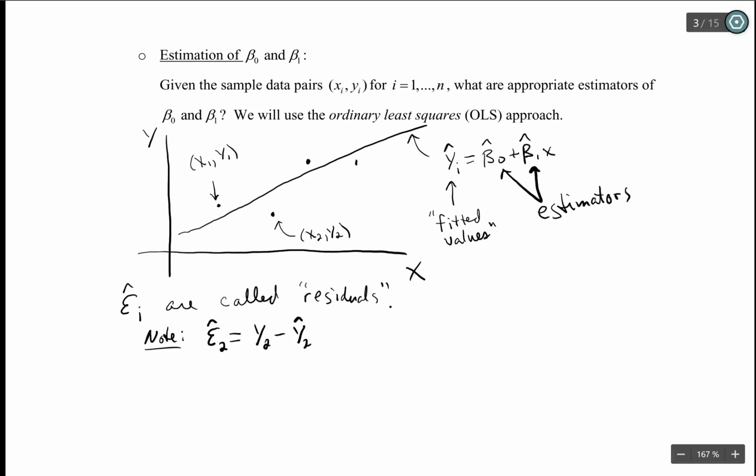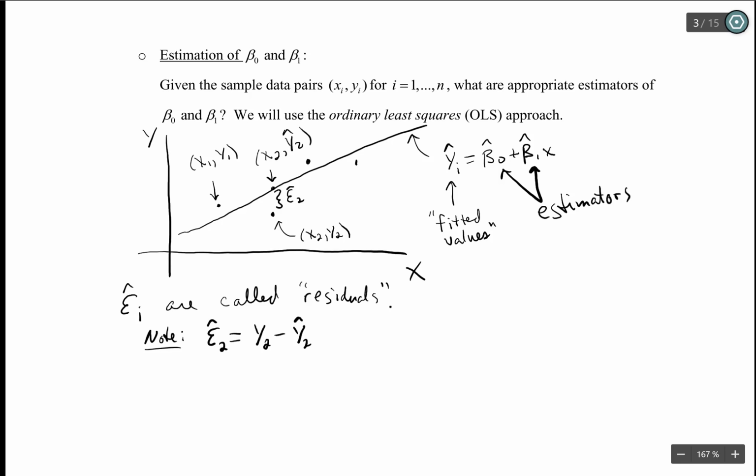In particular, this is not a point from the sample, but I can give this coordinate pair the value x2, y2 hat, and the difference, that distance there, is in some sense the residual. The residual is defined to be the response minus the fitted value. That is what the model says the response should be for that given x value.